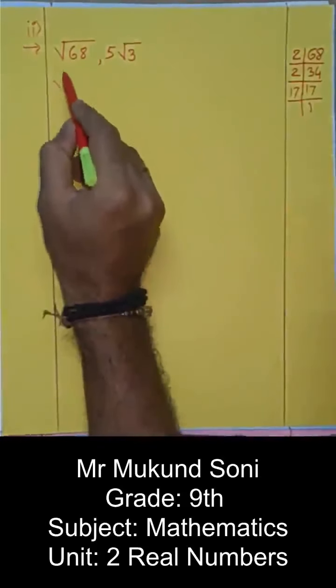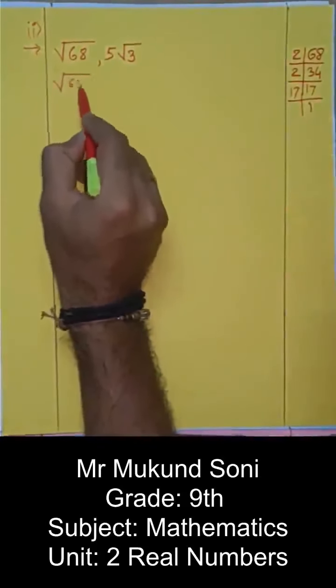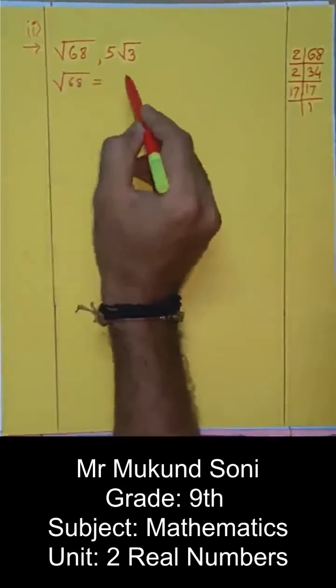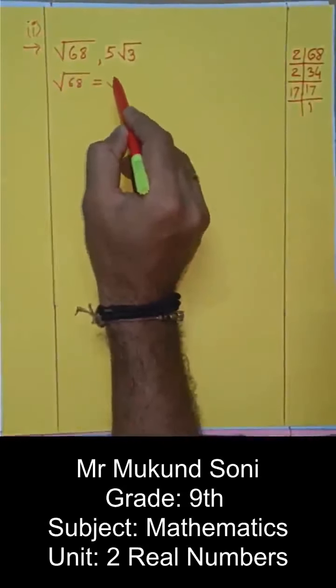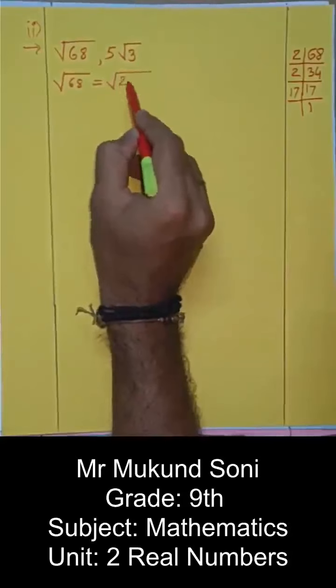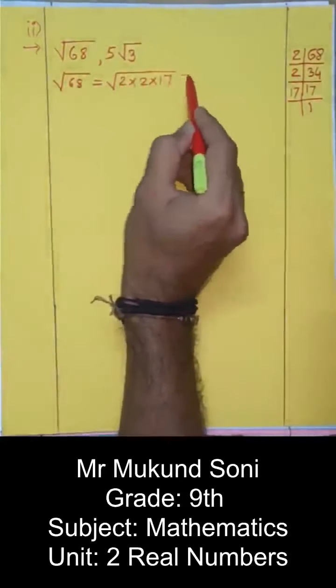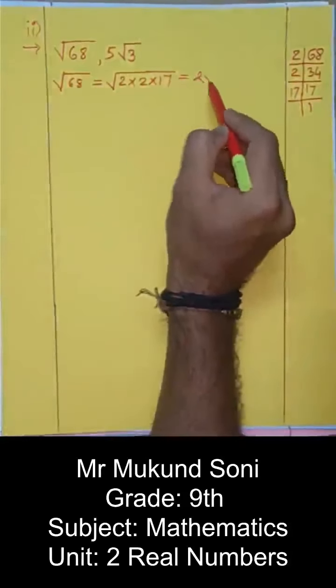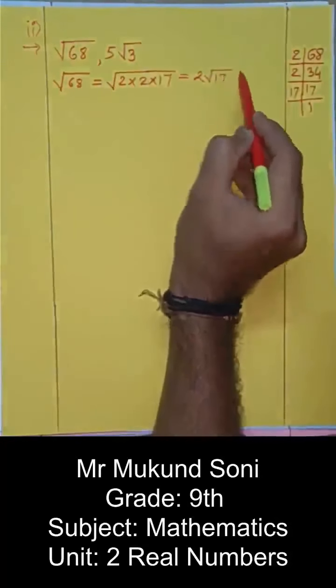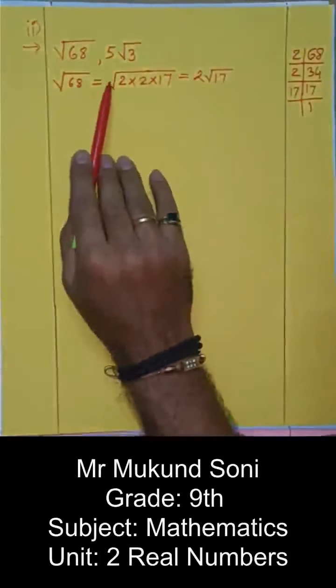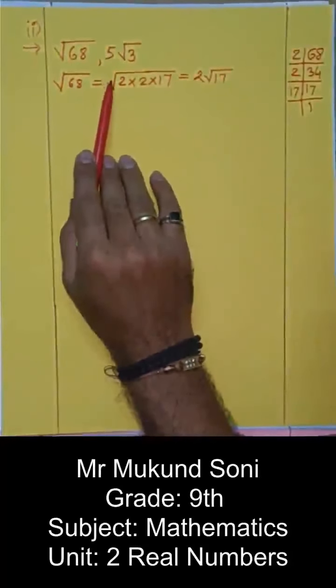Now square root of 68 can be written as square root of 2 times 2 times 17, and that is equal to 2 root 17. As we have learnt earlier, if there is a number appearing twice in the root, then we always consider it.